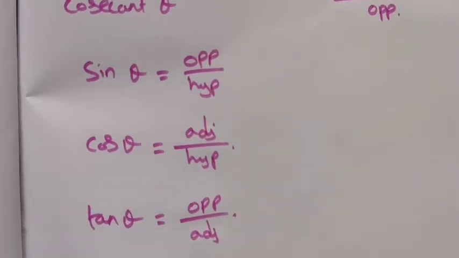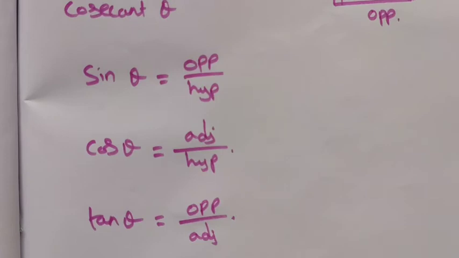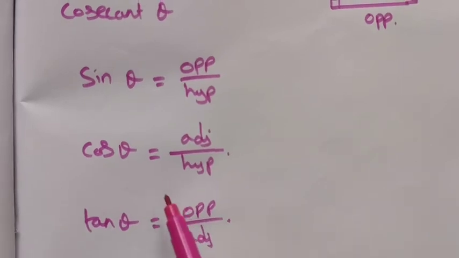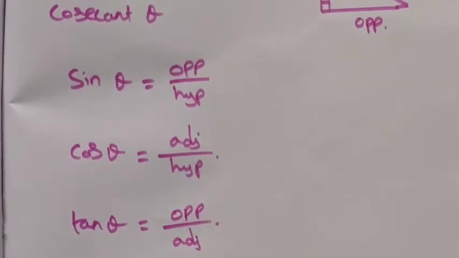So how can we easily remember this? I introduce you to 9 words. If you know these 9 words, we can find the ratios of trigonometry, right?